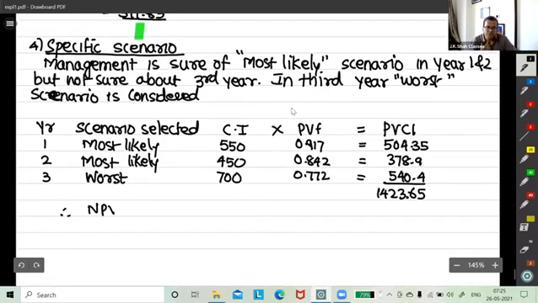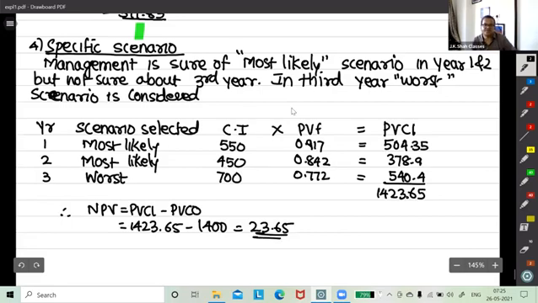Therefore, NPV is PVCI minus PVCO. 1423.65 minus 1400. So 23.65. Blessy, your answer is slightly different. Okay, corrected answer also I saw. Noted. All good. Done, people. Easy to understand once you get the concept of scenario.